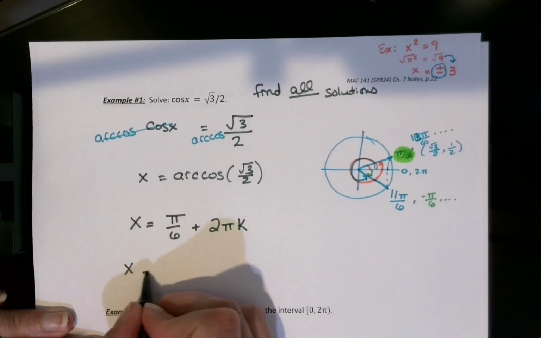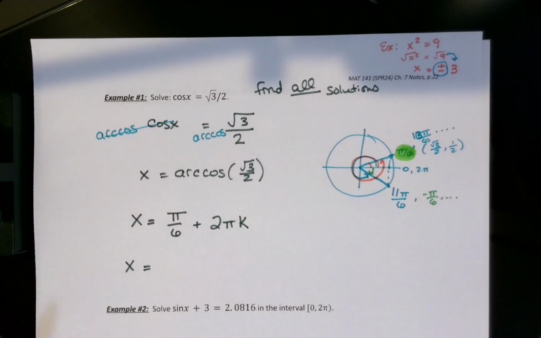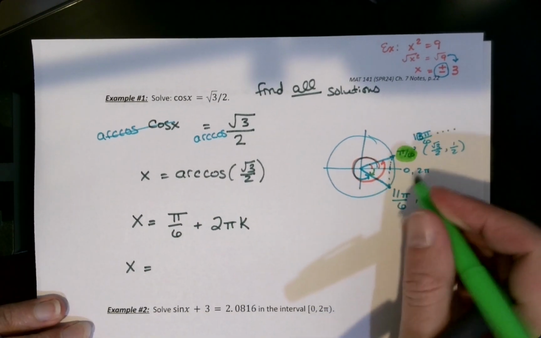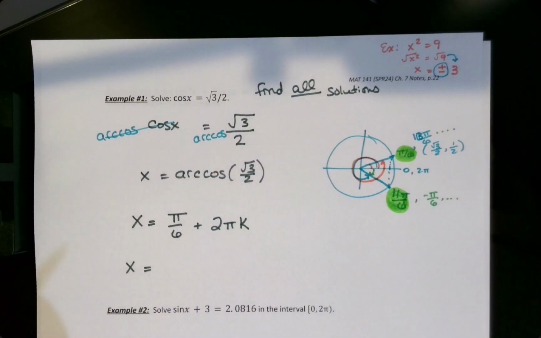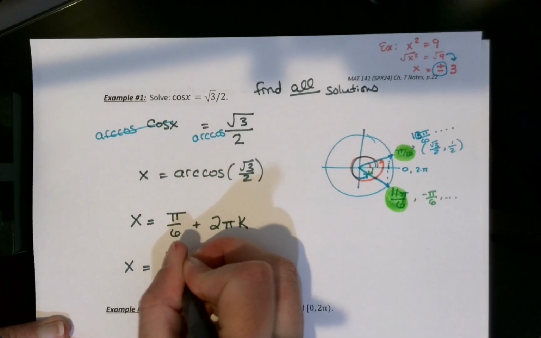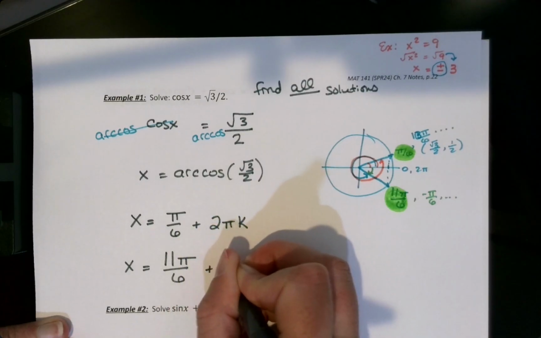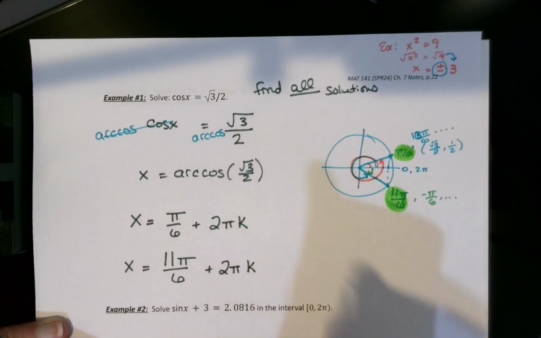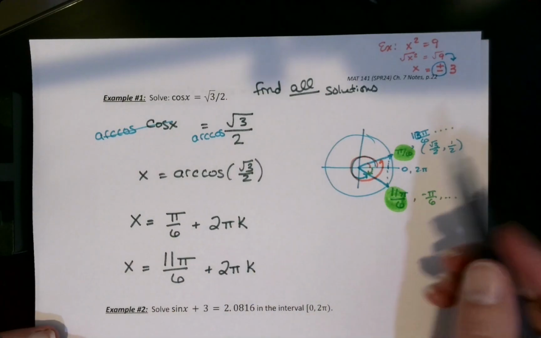Then we also could take the second angle, whose simplest positive representation is 11 pi sixths. We can take this angle, 11 pi sixths, and we can add 2 pi k to it as well. Since k is an integer, it can be positive or negative.